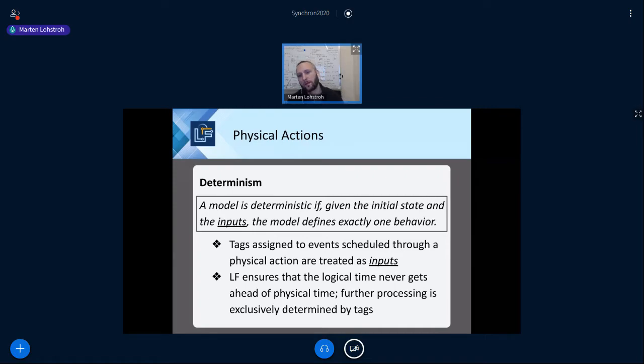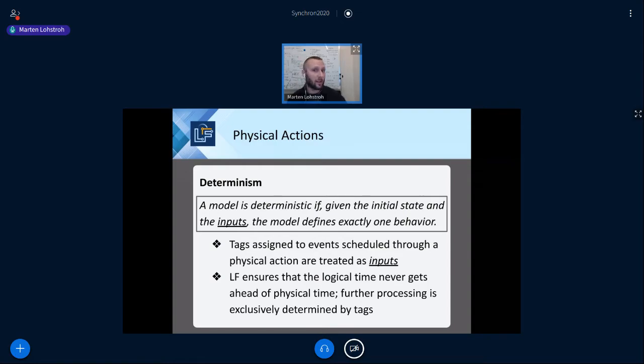Now, this business with physical actions, you might think this spells trouble because we're introducing a source of non-determinism. And that's true, but let's have a look at our definition of determinism again. We have to keep in mind that the events scheduled on a physical action are derived from a measurement of physical time.